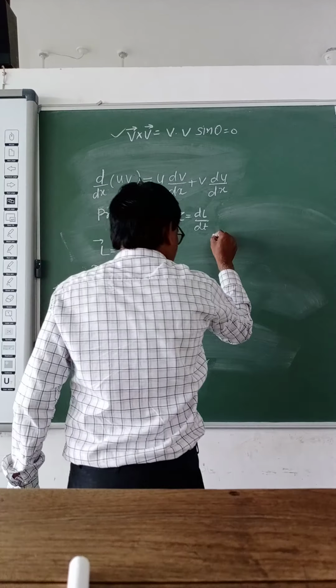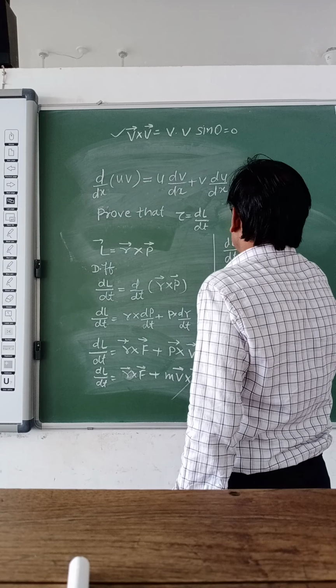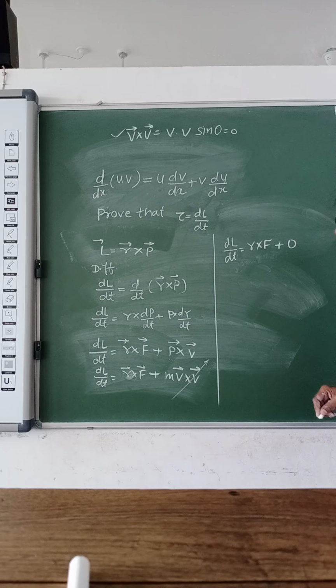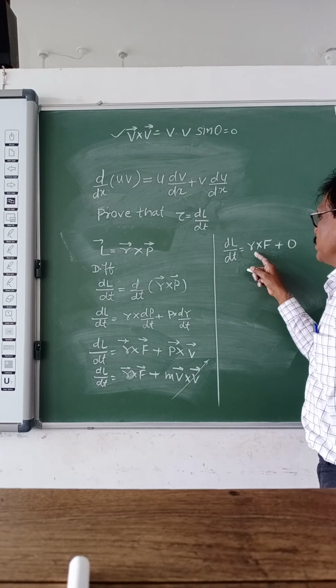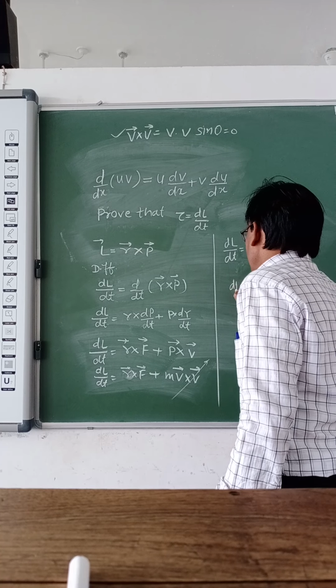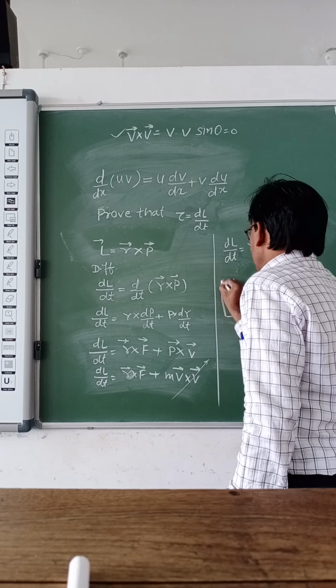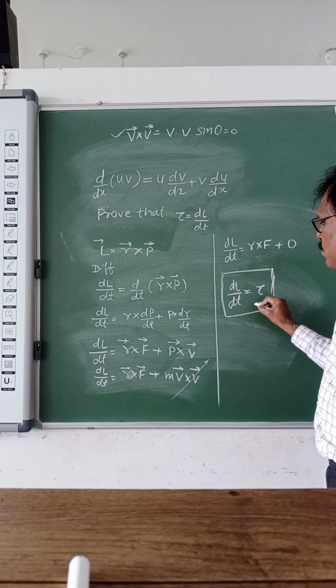Hence dL by dt equals R cross F plus 0, and R cross F is nothing but the torque. So the rate of change of angular momentum, dL by dt, equals torque.